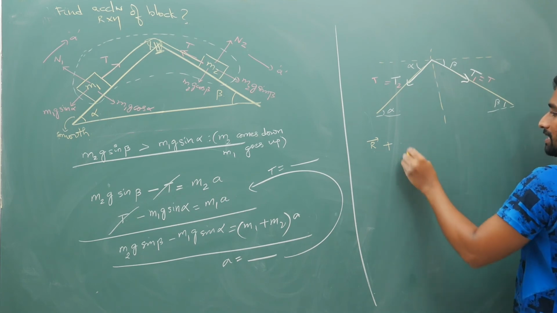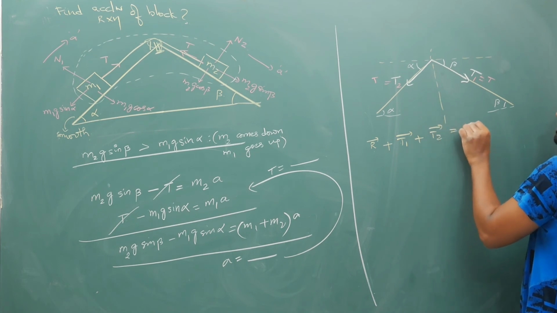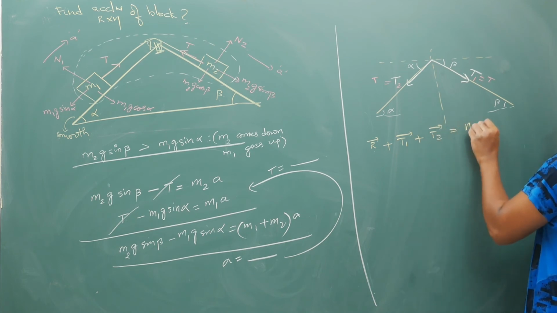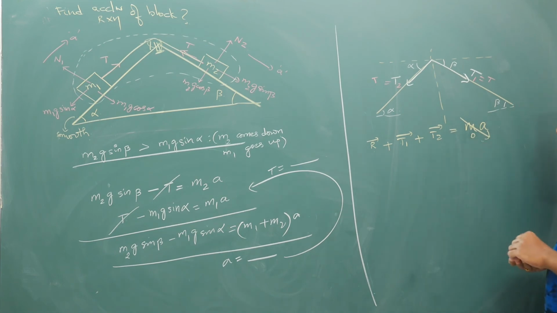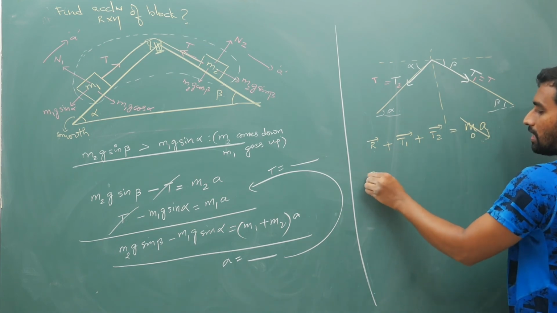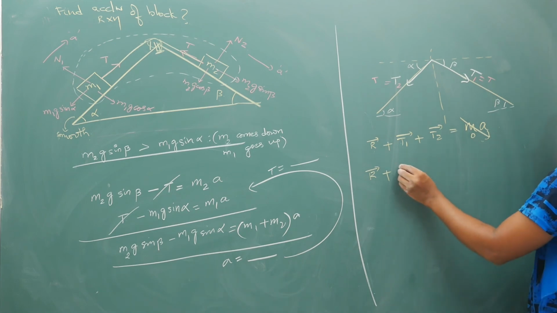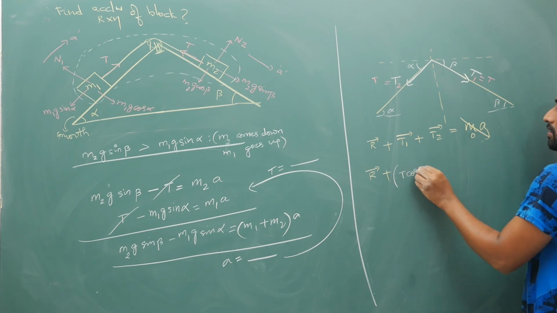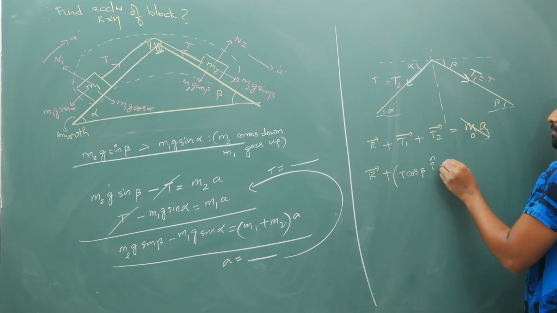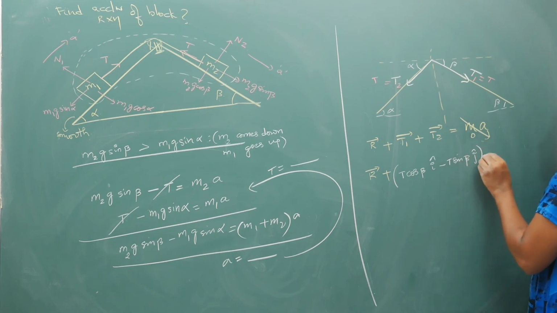So R bar plus T1 bar plus T2 bar is equal to 0, because this is actually mass times acceleration, and because the mass is 0, your force is 0. So this will give you R bar plus, what is T1? Your T1 is in the fourth quadrant: T cos beta i cap minus T sin beta j cap.